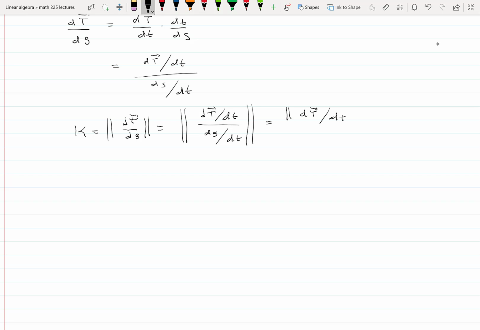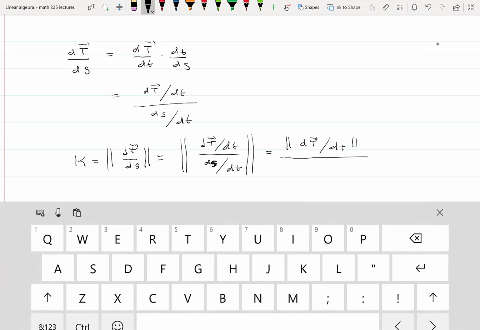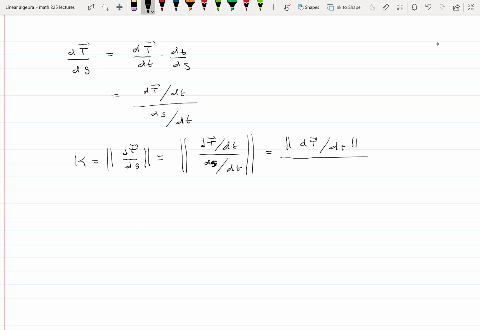Now, ds/dt is the rate at which arc length changes. That's always positive.